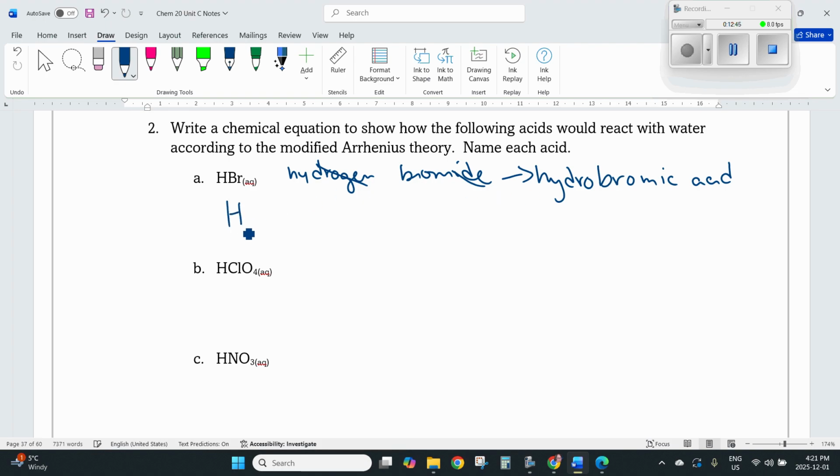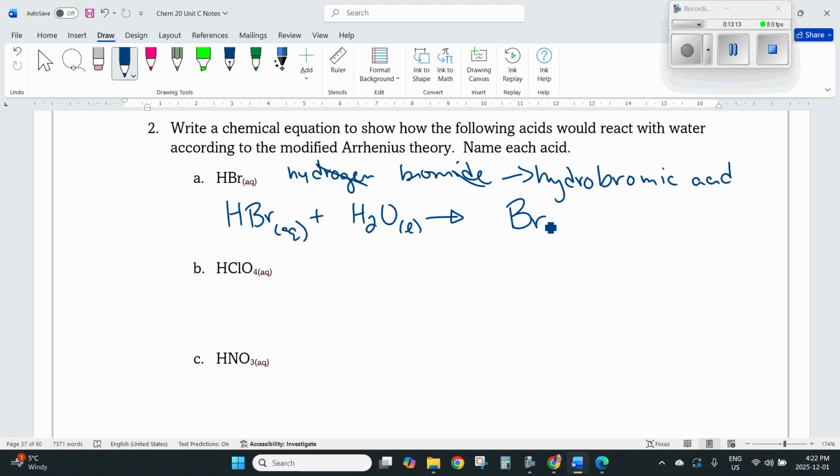When we have an acid, I know this is an acid because it's an H at the beginning, aq at the end. They react with water, H2O. Acids donate, and when they donate, they donate a hydrogen ion. If your HBr donates one hydrogen, what's left is Br.